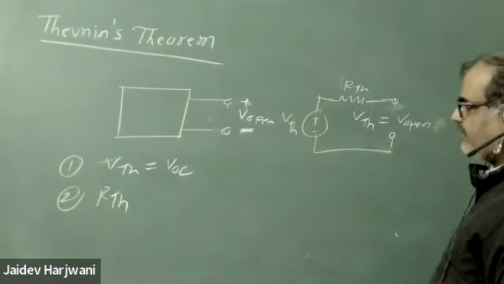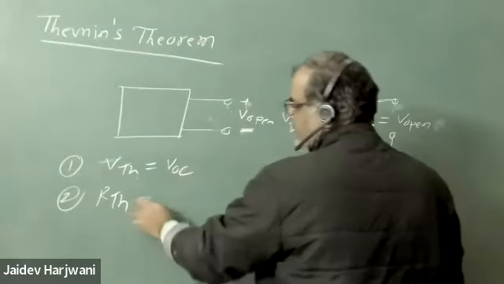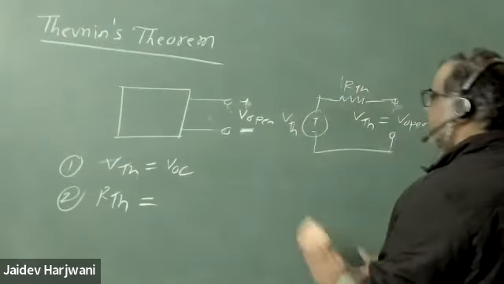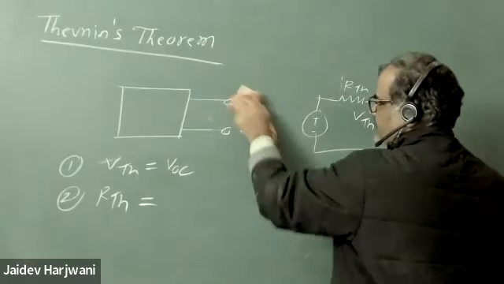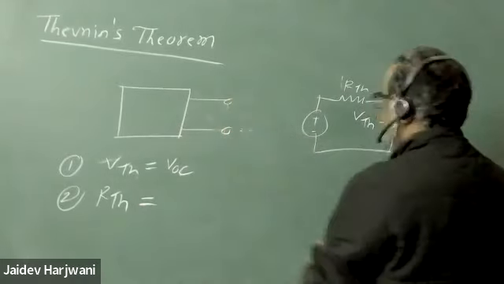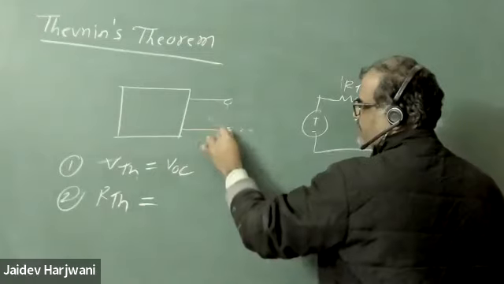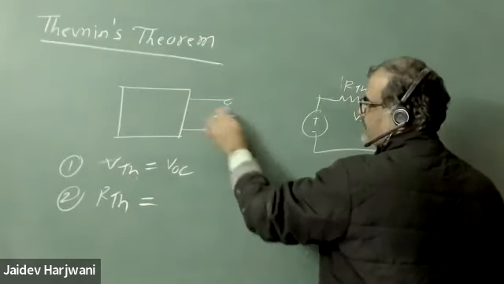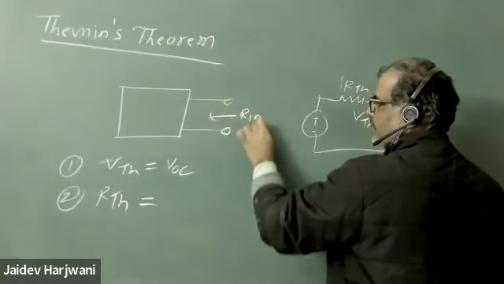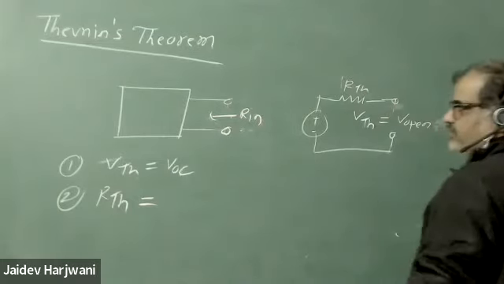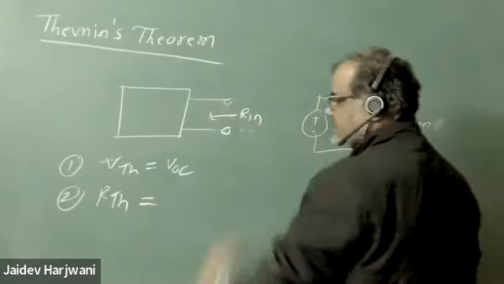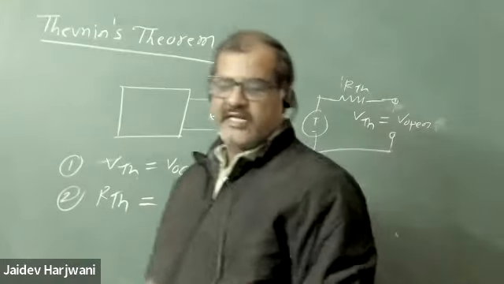Now similarly, if I want to measure RThevenin, what should I do? Suppose I measure the resistance across these two terminals, say this is R in. When you want to measure the resistance, you need to deactivate all the sources.